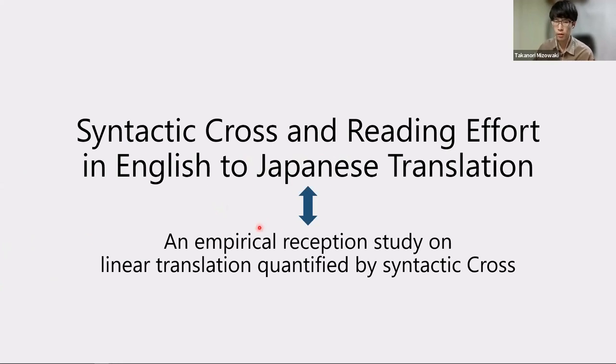This is a reception study because this is a study of readers of translation. And linear translation is one of the translation strategies. We believe that linear translation is very important, especially for English and Japanese language pairs.